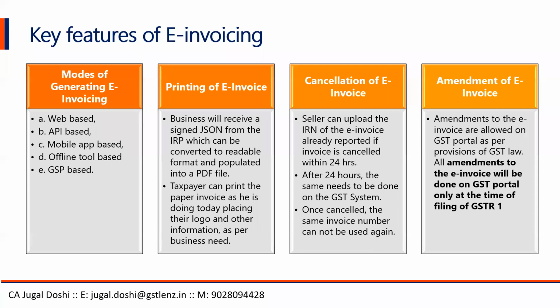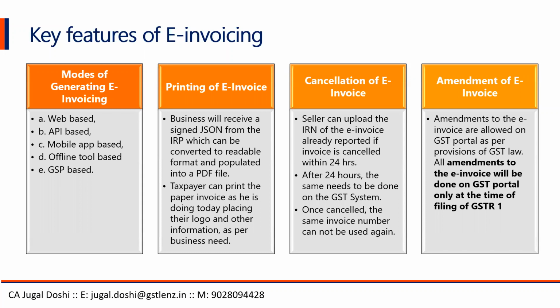But the concept which is not there in GST is the concept of amendment. There is no concept of amendment of invoice in GST. In GSTR1, the amendment concept is there, but once e-invoicing comes, I feel this concept again would become redundant. So the GST law provides that I can raise the invoice.